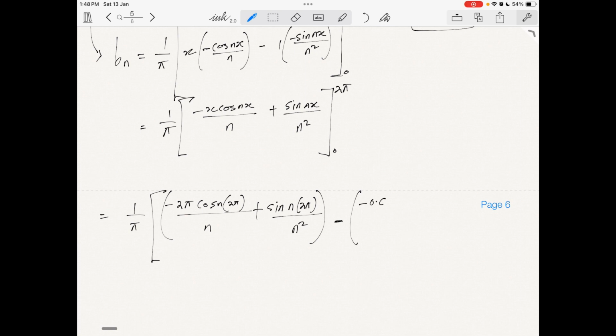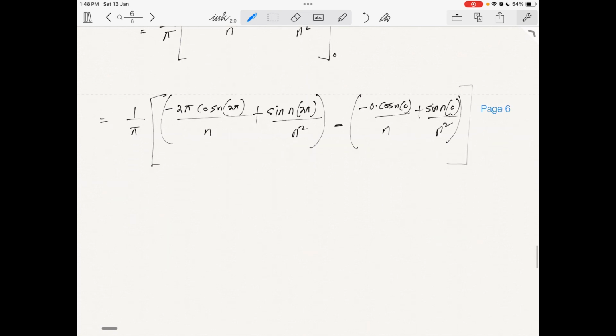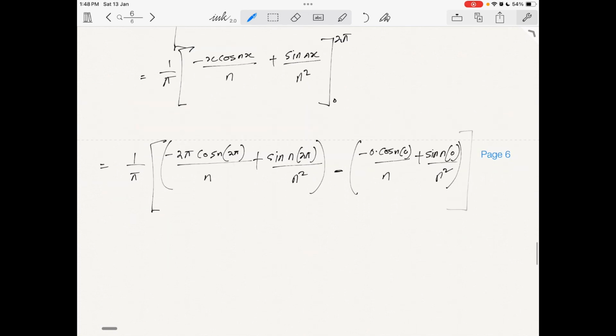That's minus 0 multiplied by cos n of 0 over n plus sine n of 0 over n squared. Now, as we go further in Fourier series, some terms come into plain sight. So we know that this is 0 multiplied by this, so everything becomes 0.